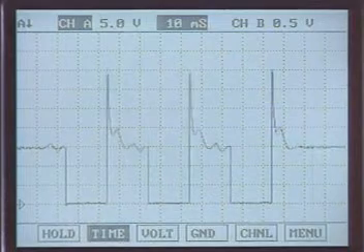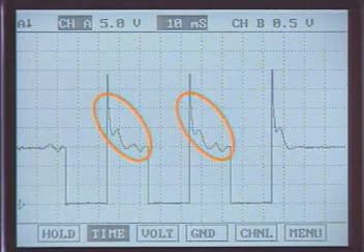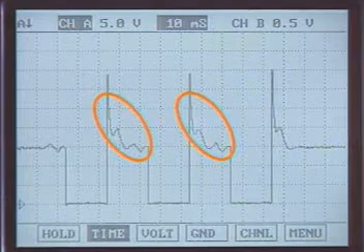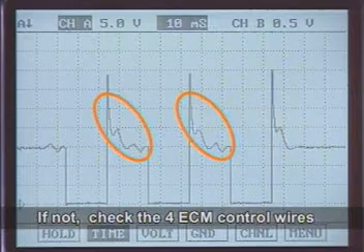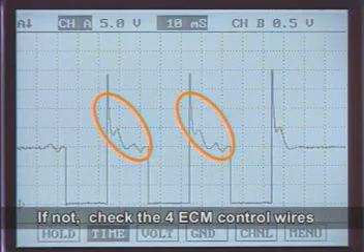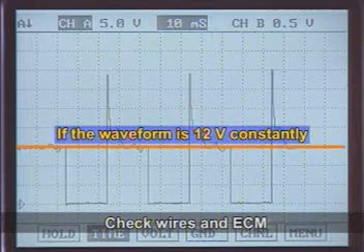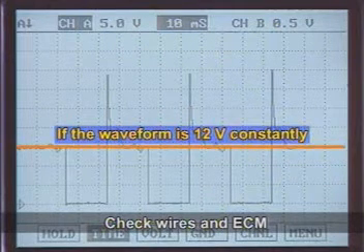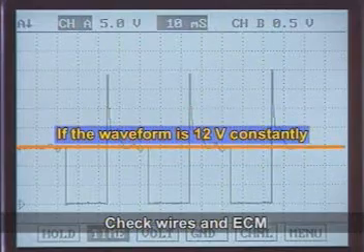In the step motor waveform, voltage at the off state should display the curve like the screen. If not, there is trouble in any one of the 4 ECM control wires. If the waveform shows 12 volts constantly, we may suspect the fault of wire or the ECM control.